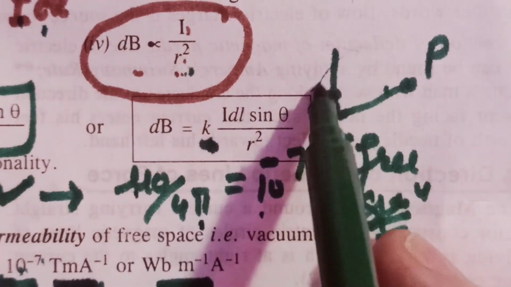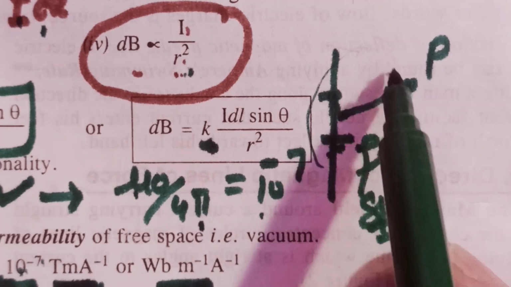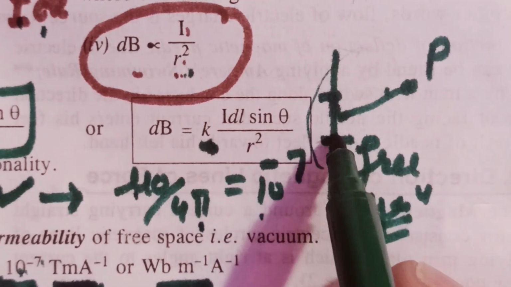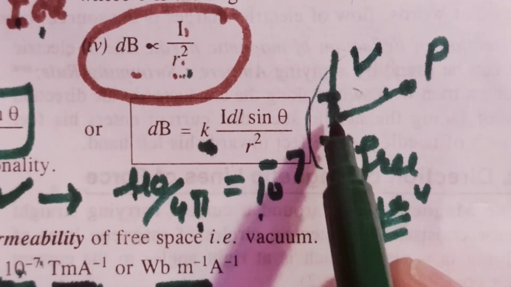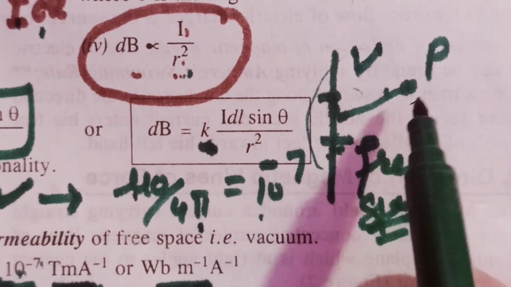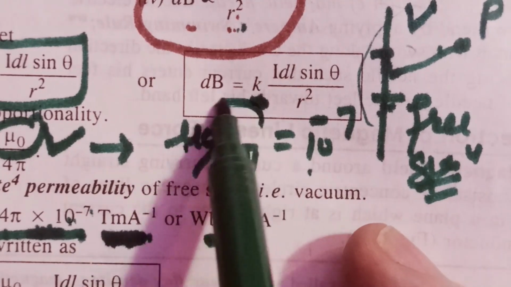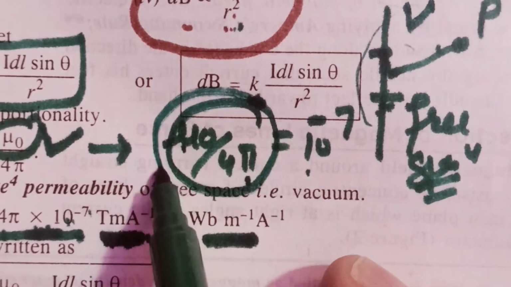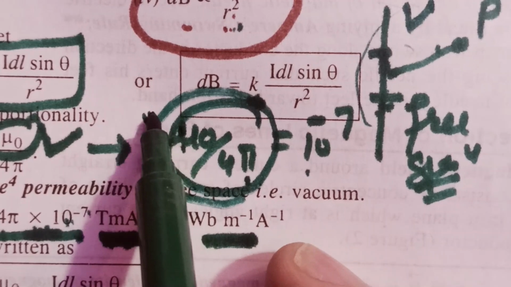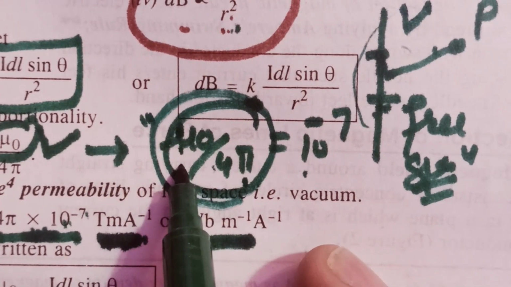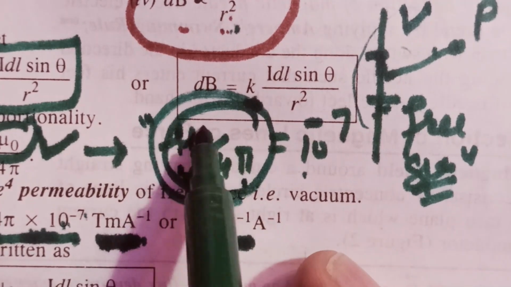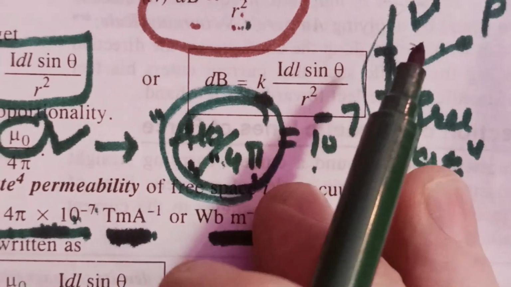But if the space in which the current element is, is different, not free space, say it is water or any other medium, then this value will change. Don't think it is always constant. It is not a universal constant. It changes with the medium. This mu naught is medium dependent.